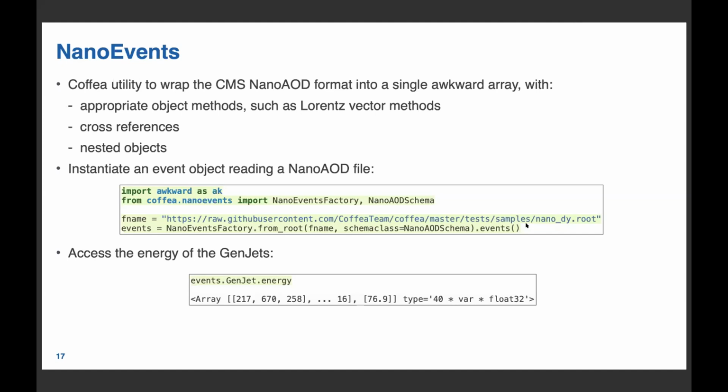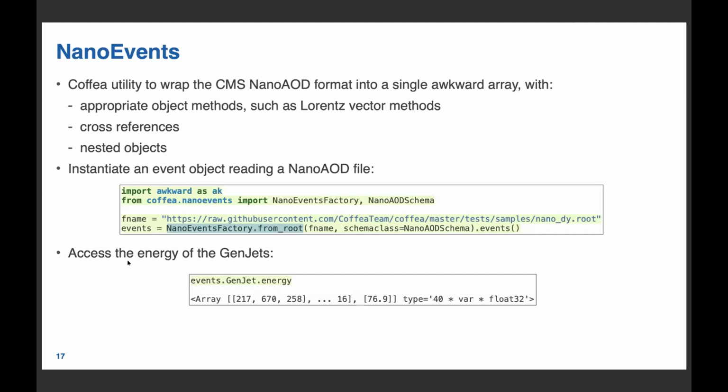This makes writing code very easy, because you can instantiate event objects by simply reading a NanoAOD file. At this line here, you load all events by using the from_root function in the NanoEvents factory.